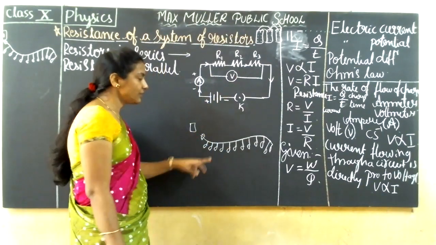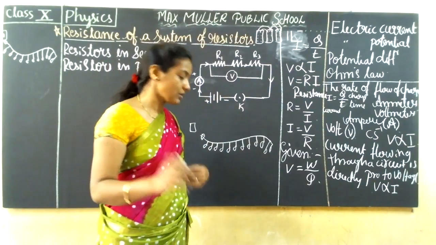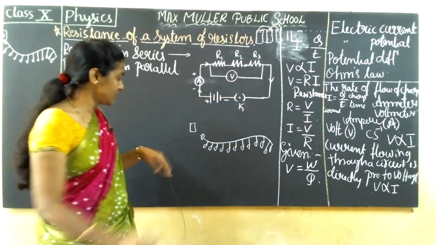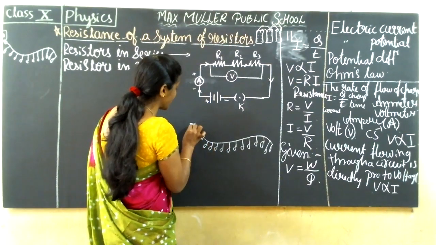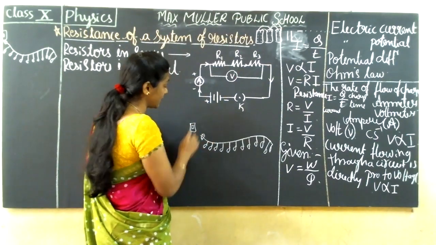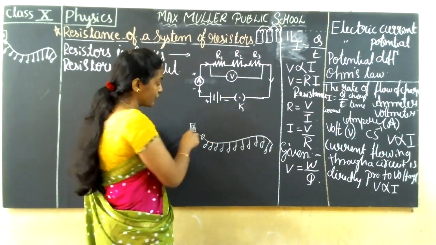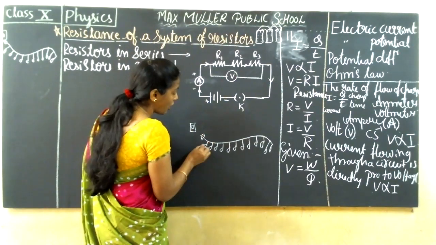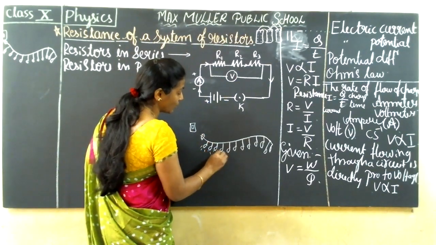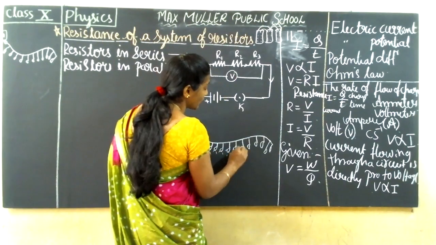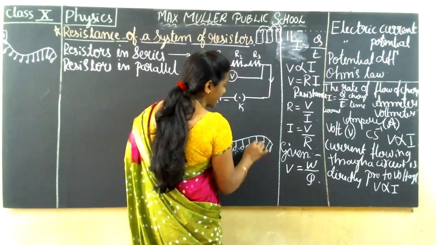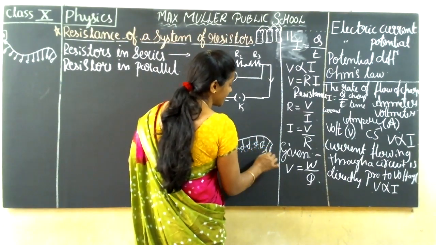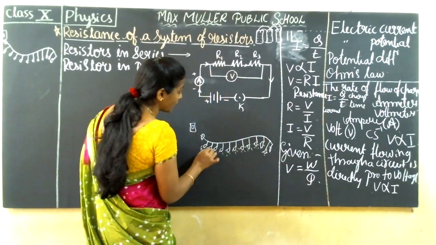What I am trying to explain to you, guys, is this: when you connect this here and switch on the button, tell me, are all the bulbs going to glow at the initial stage of switching on, or only a few bulbs?